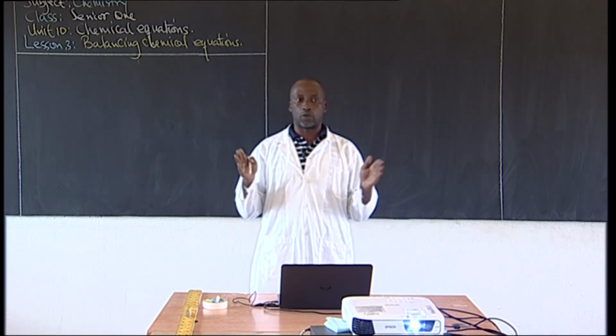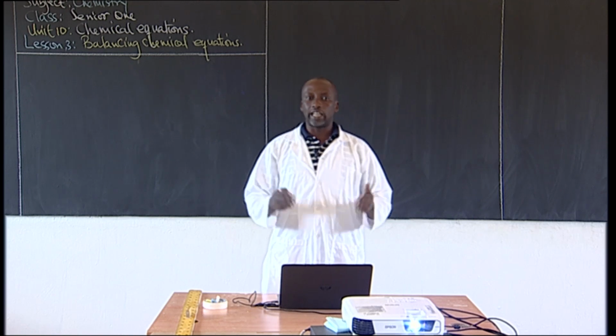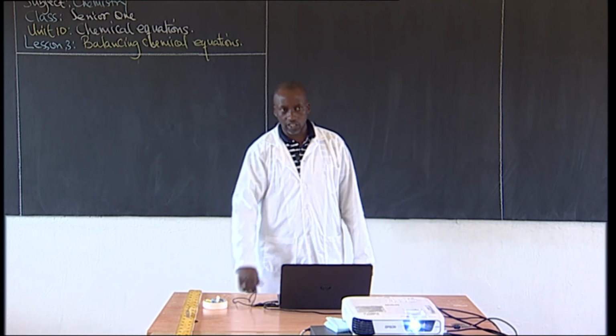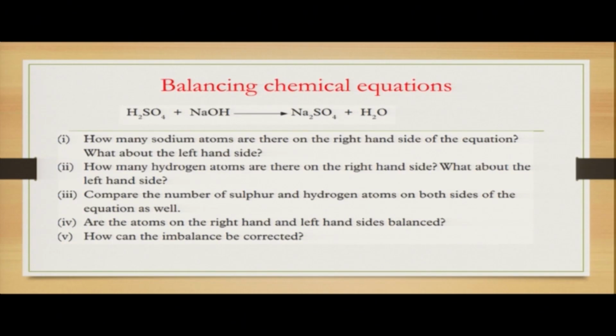So let's move on. When you look at the reaction on the screen, that is one example of a chemical reaction. We are just going to go through slowly together and read those questions. How many sodium atoms are there on the right-hand side of the equation?